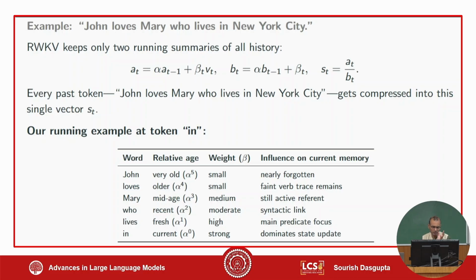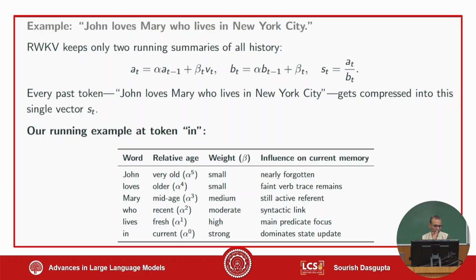If you unfold it, in our running example, John would have a decay of alpha raised to 5, loves alpha raised to 4, Mary alpha raised to 3, who alpha raised to 2, lives alpha raised to 1, and in alpha raised to 0. We are at the "in" step.